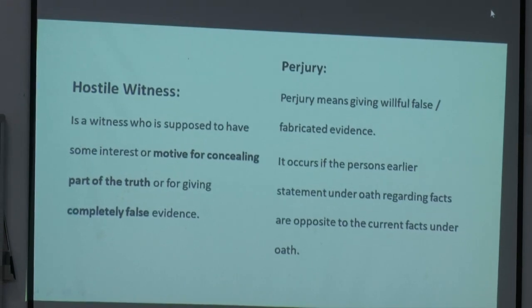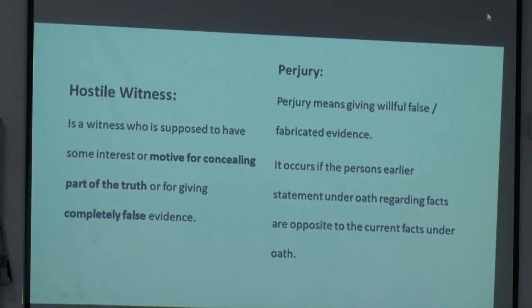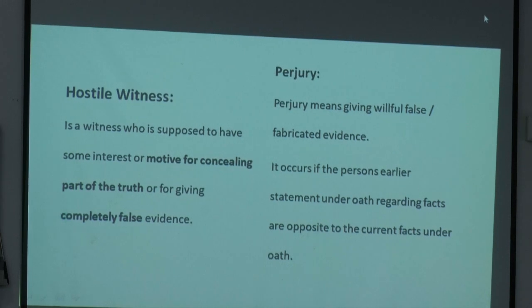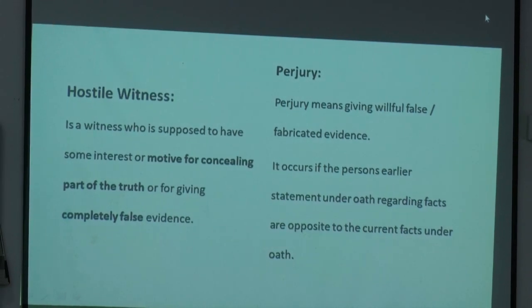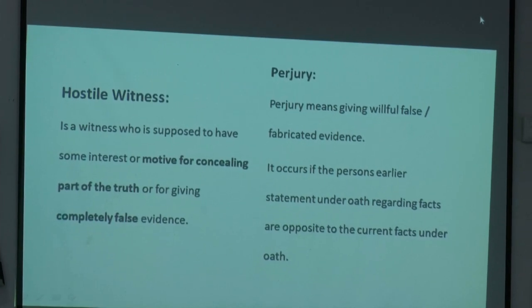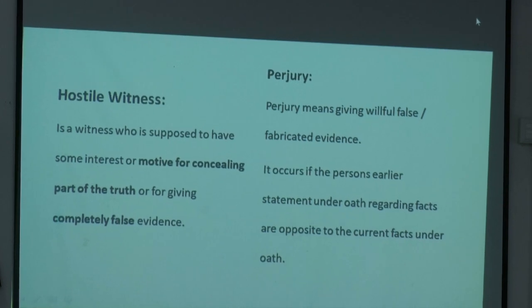Hostile witness and perjury. A witness is a witness. A hostile witness is a witness who is supposed to have some interest or motive for concealing part of the truth or for giving completely false evidence. Suppose some of the cases are settled outside, so what is the hostile witness?